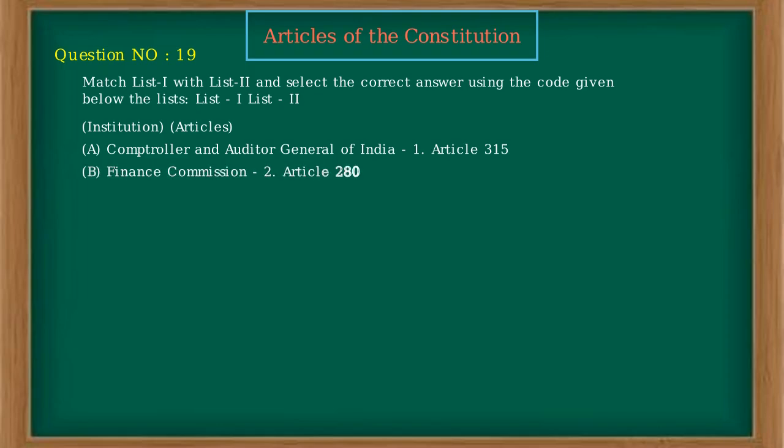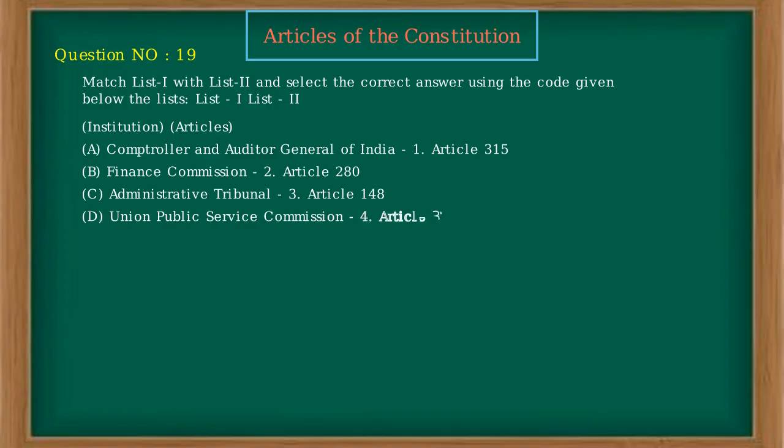Article 280. C. Administrative Tribunal, 3. Article 148. D. Union Public Service Commission, 4. Article 323A. Code ABCD. A. 3, 2, 4, 1.